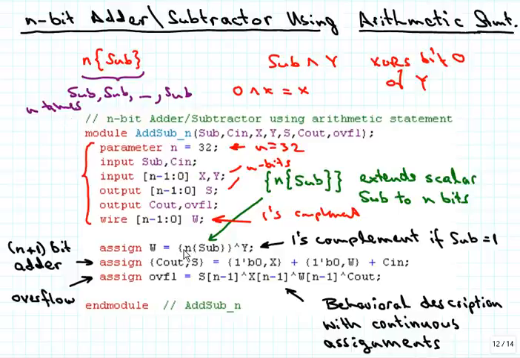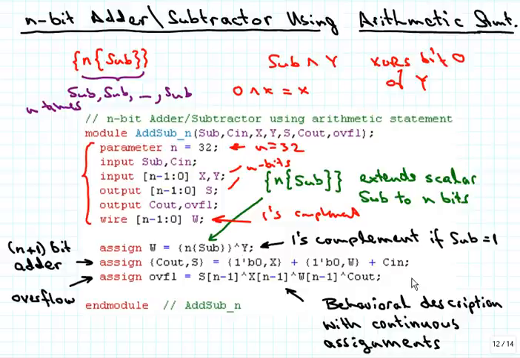So we have to put the concatenation around it in order to actually make that SUB, comma SUB, and so forth. And then we can XOR that with y. This is going to be a component-wise XOR of all the n bits. So in this way, we get the ones complement if SUB is equal to 1, and that allows us then to compute the 2's complement by making the carry-in equal to 1.